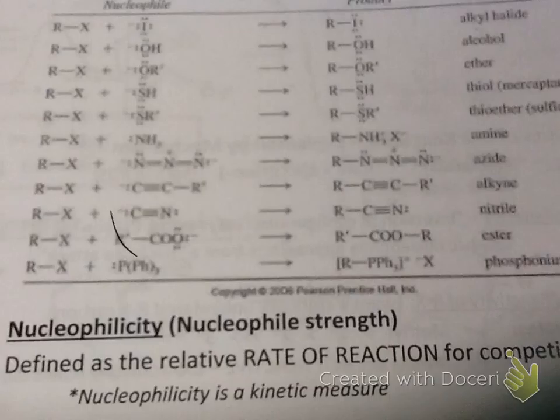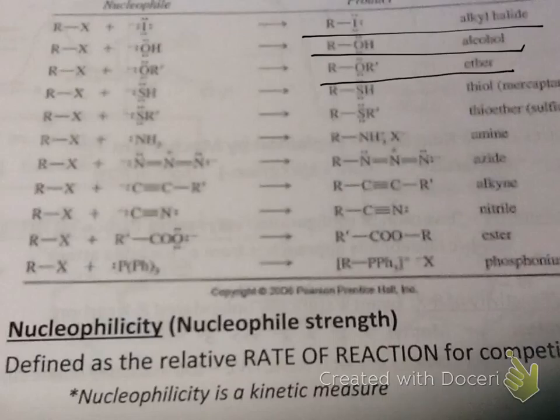And so because we have a large versatility of nucleophiles to use this reaction with any alkyl halide we choose, we can form several different functional groups in a simple Sn2 reaction. We can form alkyl halides, we can form alcohols, ethers, thiols, which are the sulfur version of alcohols, thioethers, which are the sulfur version of ethers.